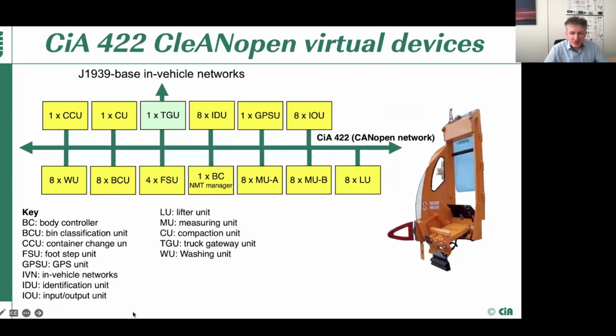It has a certain structure, and from the start it was designed with CANopen in mind. There is a CANopen object dictionary in there. There are plenty of entities in there, which we call virtual devices, for every aspect of the municipal vehicle.